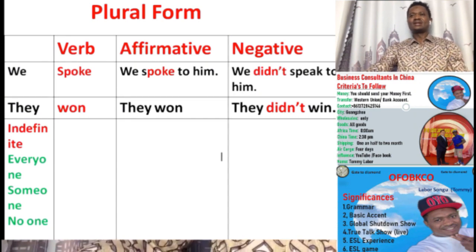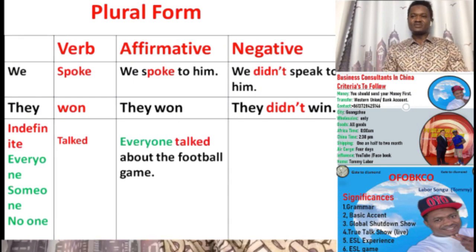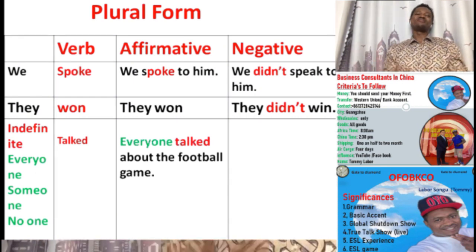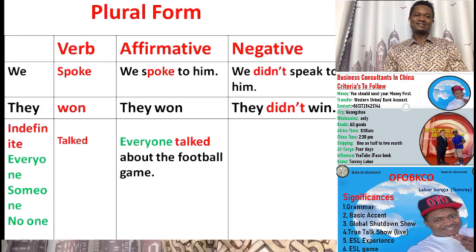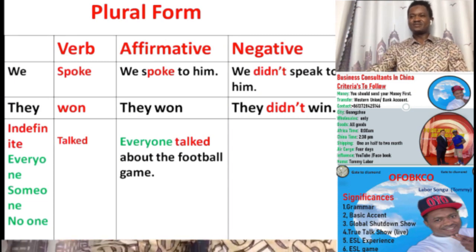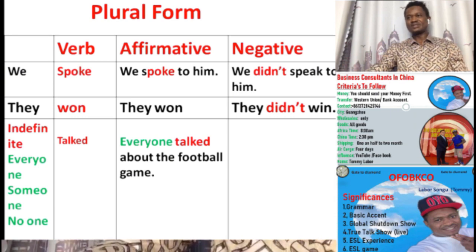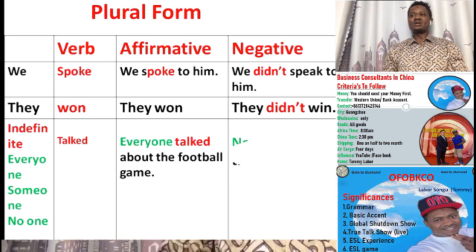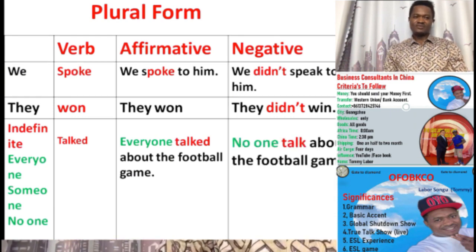We use the verb talked. The affirmative form is: everyone talked about a football game. Everyone is not specific; those are called indefinite pronouns. The negative form is: no one talk about a football game.